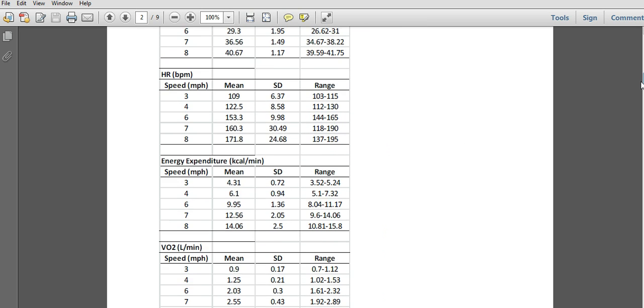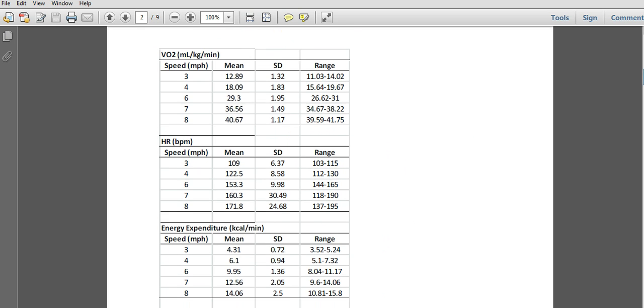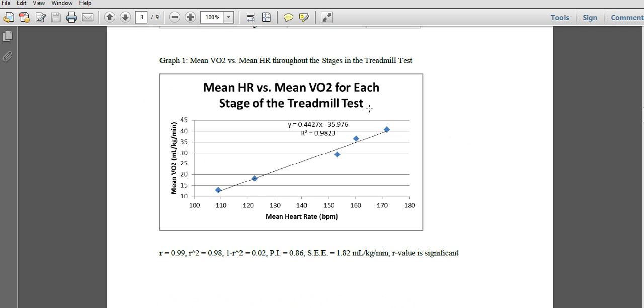So mean VO2 right here, if it's mLs per kg per minute, you also have liters per minute, and you'll list that in the other column. So very simple, just take those values from each of the different mile per hour stages and list them in 2 columns, create the graph, bring the trend line in, label it, label both axes, and also bring the equation in, or opt to have the equation in.